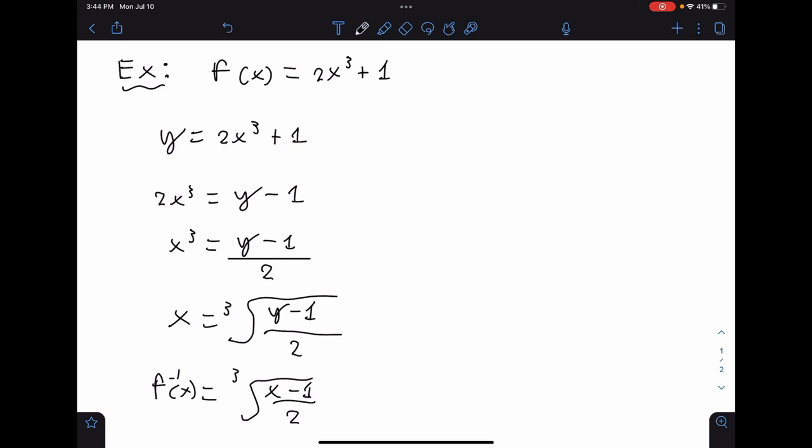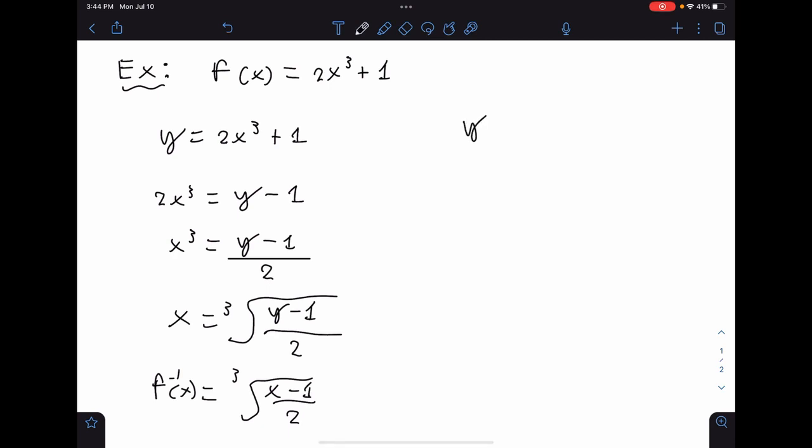So basically you just solve for x. You're given some function, f of x equals 2x cubed plus 1. We replaced f of x with y, so then we could solve for x in terms of y. We solved for x, and we replaced our y's with x and our x with f inverse of x. And that's basically it.